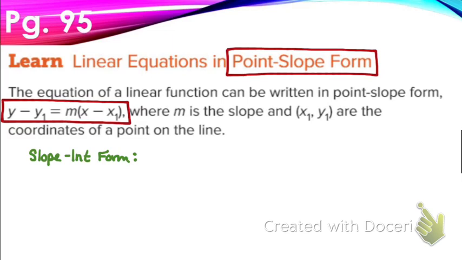Last week we spent most of our time talking about linear equations, so on Friday, talking about slope-intercept form. What does slope-intercept form look like? Y equals mx plus b. And what does slope-intercept form tell us about our line?